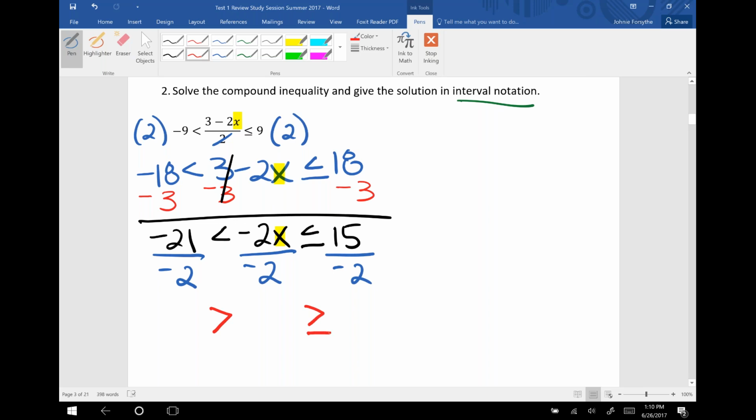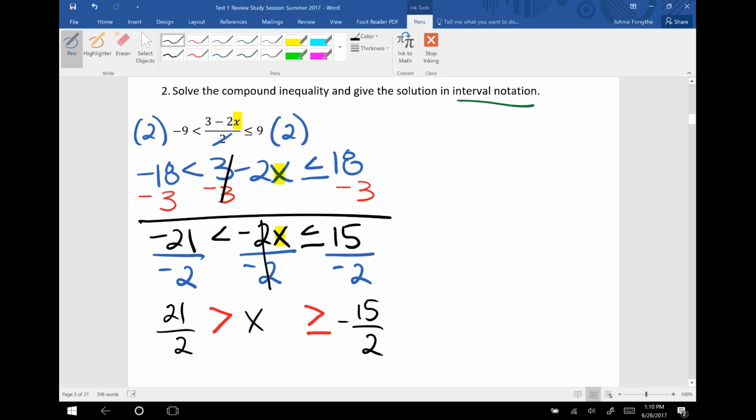All right, so negative 21 divided by negative 2, we're going to just keep that as a fraction and say that's positive 21 over 2. Negative 2 divided by negative 2 cancels out, so we just have x. And then greater than or equal to, 15 divided by negative 2, we'll just keep it as a fraction and say that's negative 15 over 2.